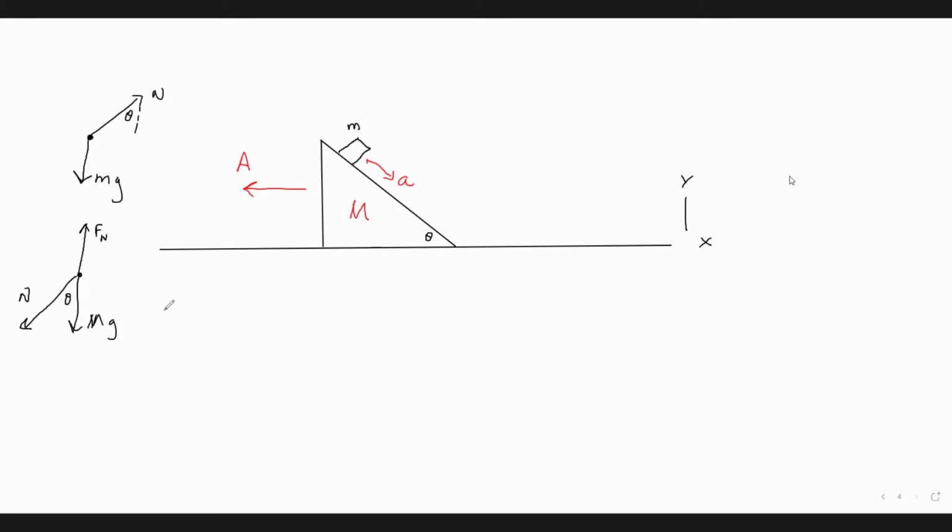Well, for this here, we have n cosine theta minus mg equals little m times what?